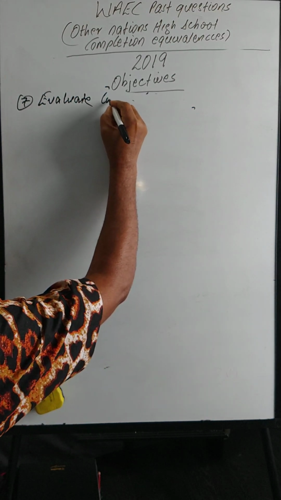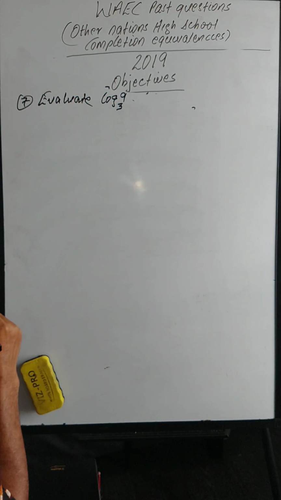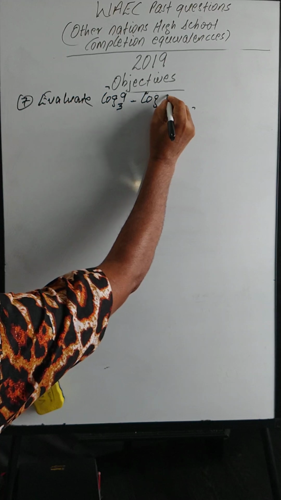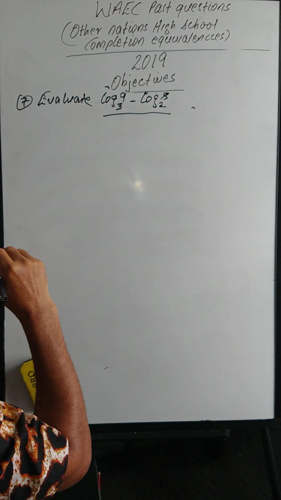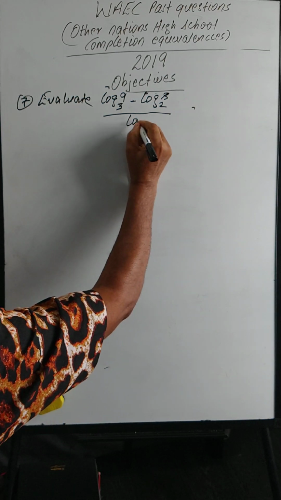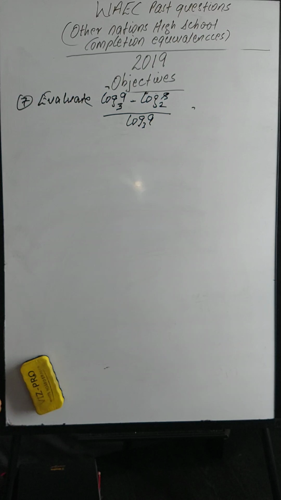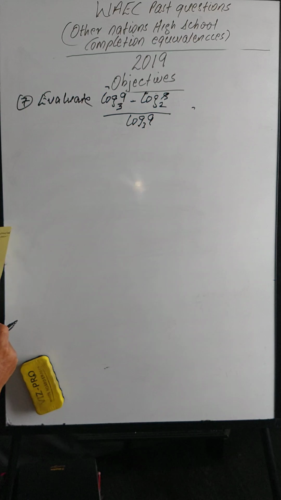Log 9 base 3 minus log 8 base 2, all over log 9 base 3. We now express this in such a way that the log will be the same as the base, and then I simplify.